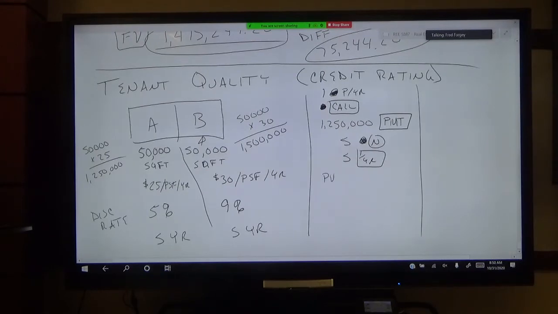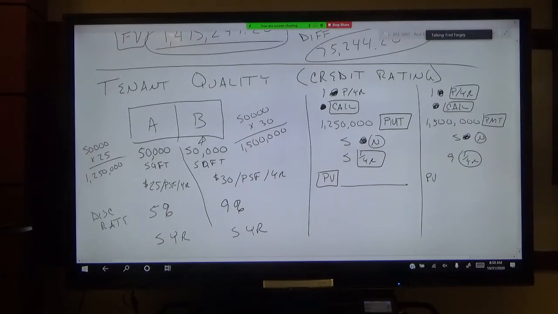So we want to know what is the present value for that. Okay, and we're going to have the same process for tenant B, only it's going to be 1.5 million for 5 years. The difference is the discount rate of 9%, and we're going to see what the present value of that is. So do both of those real quick.